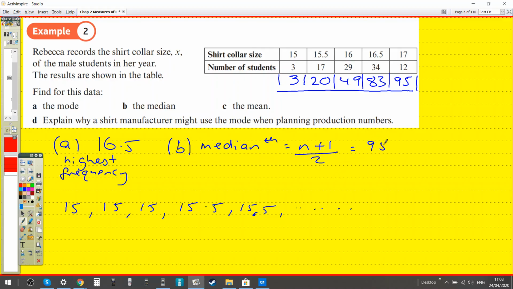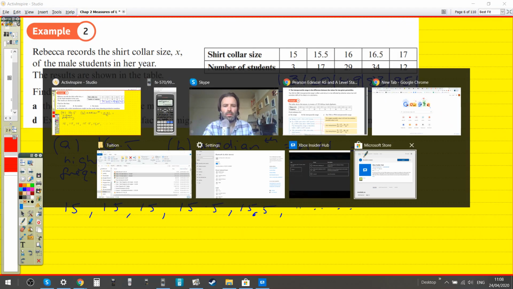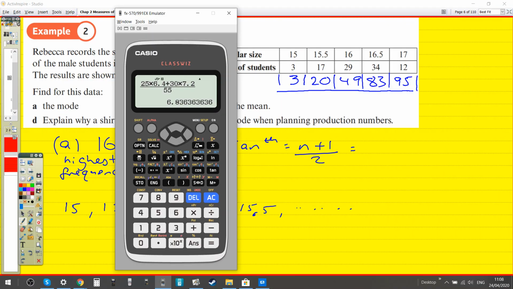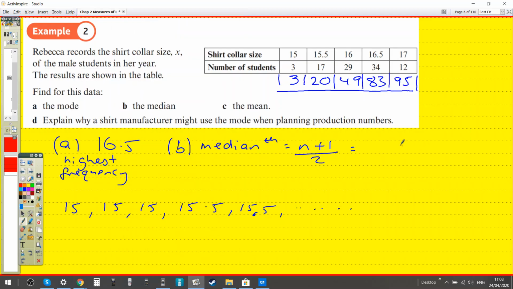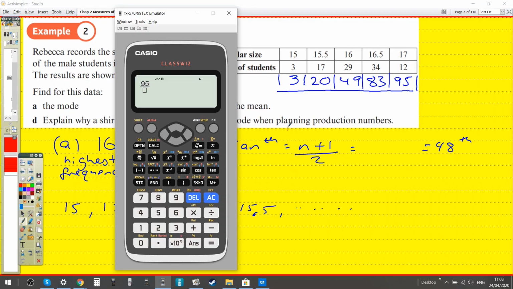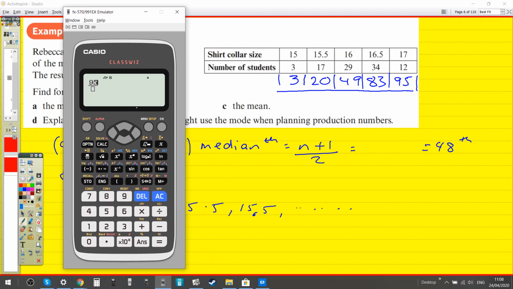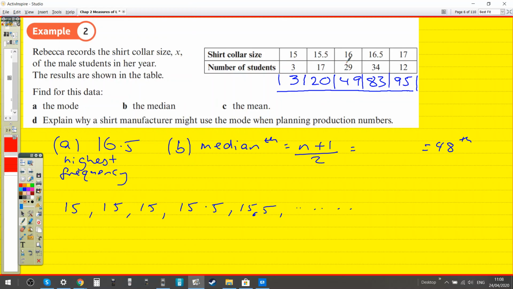N plus 1 over 2, so 48. And so that means it is the 48th person. And so what shirt collar size has the 48th person? 16. And so the median is 16. So mode was 16.5, median is 16.